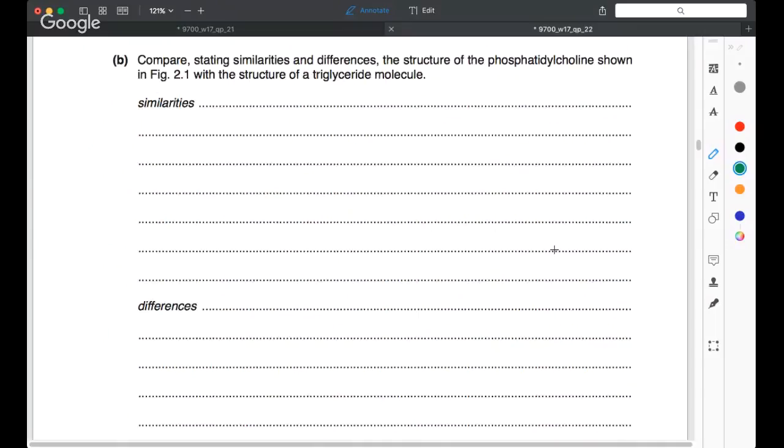And differences, phospholipid contains a phosphate group, while triglyceride doesn't. Good. 3 marks. Oh yeah. They both contain ester bonds. Good. There you go, 4 marks.